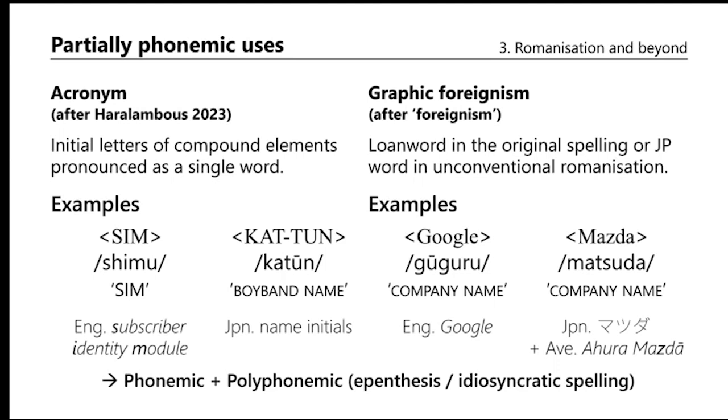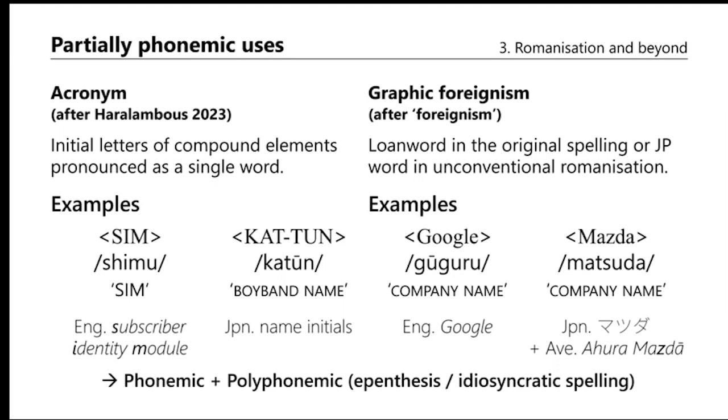Another type, graphic foreignism. I'm not really sure if this is the right term. I coined this, but perhaps there is a better option. But I'm talking about a loanword in the original spelling or a Japanese word in unconventional romanization. For example, this company name is normally written in Rōmaji, even though we could spell that in katakana or other scripts.